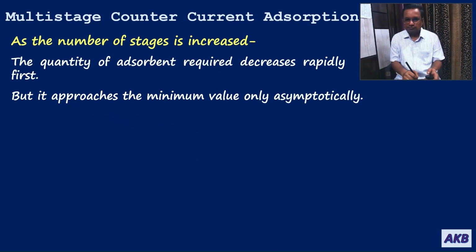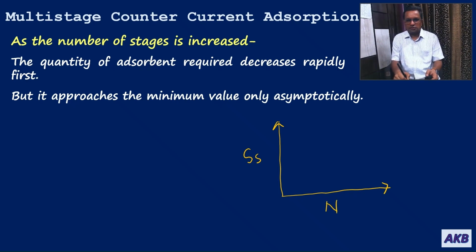To understand this with the help of a graph, let us say you have the quantity of adsorbent plotted on the y-axis, and the number of stages plotted on the x-axis. As you increase the number of stages, the quantity of adsorbent required will decrease.